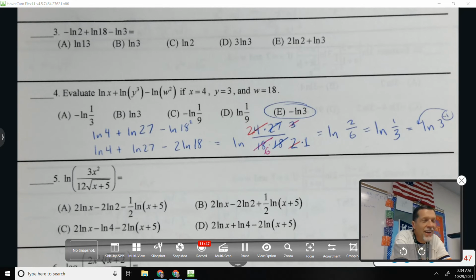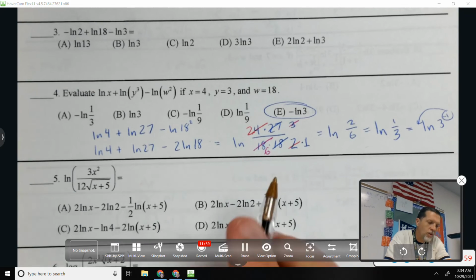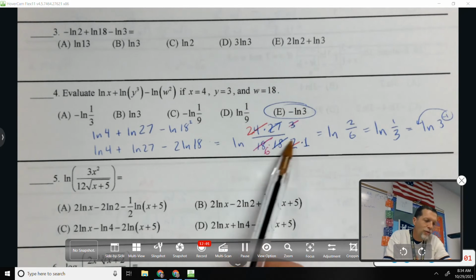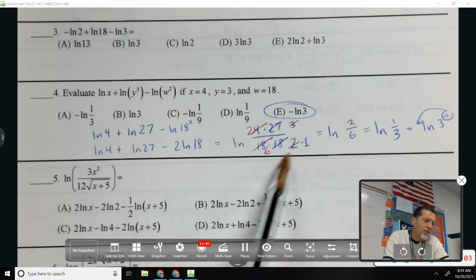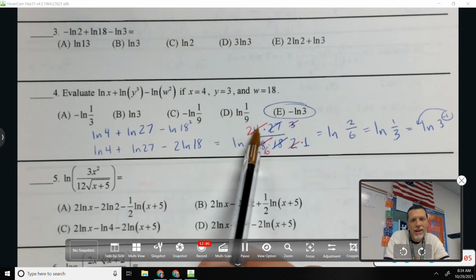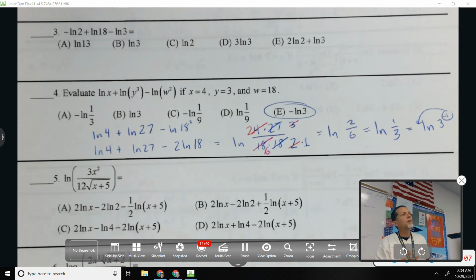So, yeah, there's a whole lot of algebra in this section. It's just going to be the rules, like they expand. So you've got to know the rules, but then you also have to be able to handle reducing. We did like 4 reductions right there. None of those are hard, but if you mess one up, then you're going to mess up the problem. How'd you get 2 over 6?